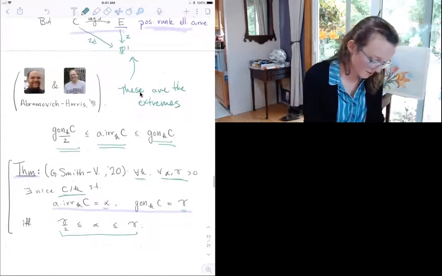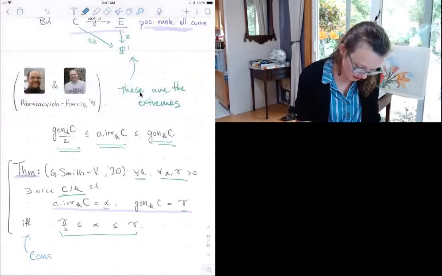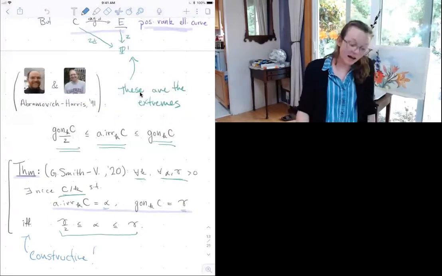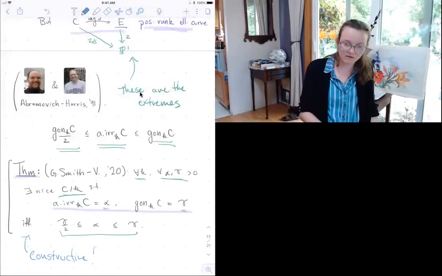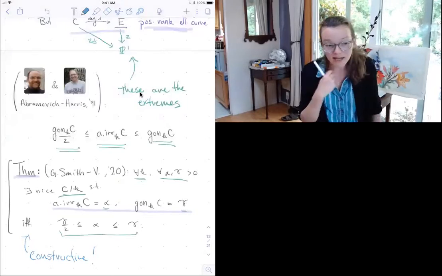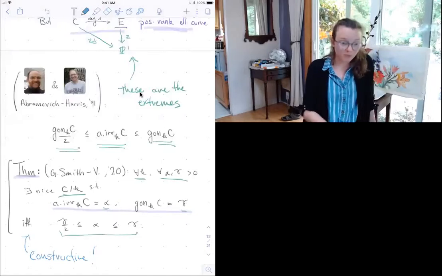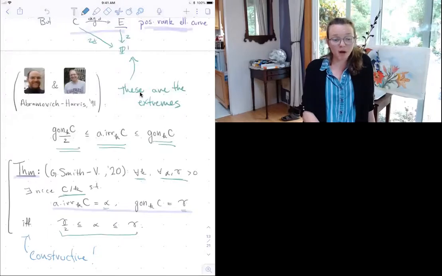I want to say that this result is constructive. We actually tell you how to find such curves achieving all of these possibilities. And it comes out of our techniques that we developed for computing these invariants on the nose when the curve is exhibited as a positive curve on a surface.